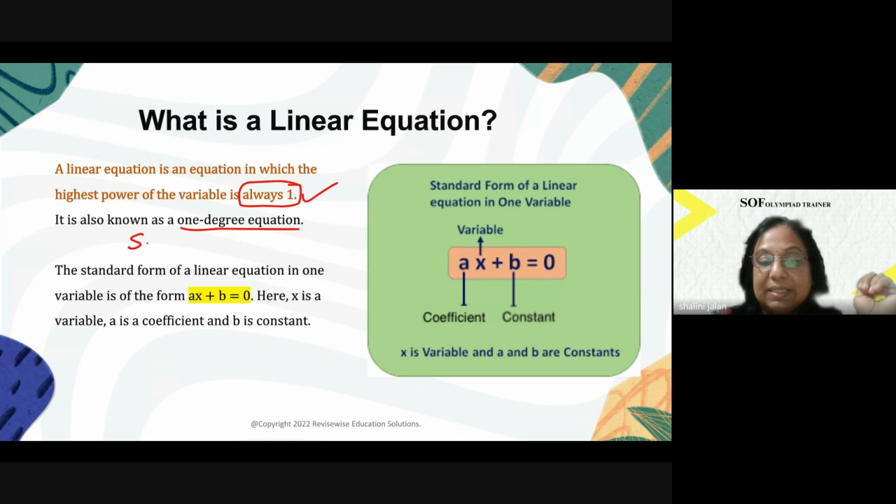And because it is a simple 1 degree equation, the smallest possible degree, that is why we call them simple equations. So just maximum power is 1. And the standard form of a linear equation in one variable is ax plus b. a is constant, b is constant, x is the variable. a is the coefficient of the x term and b is the constant. So this is the standard form of a linear equation.